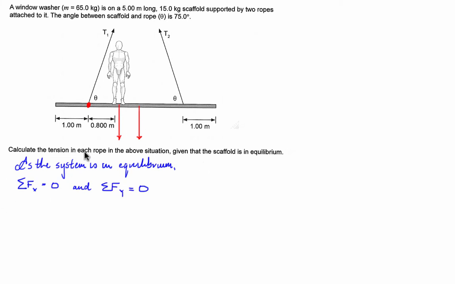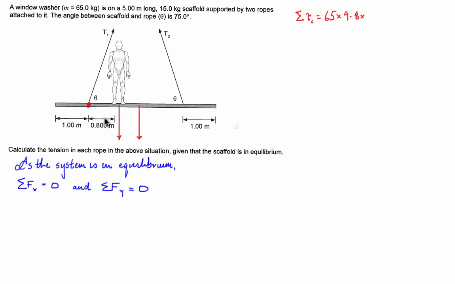So the sum of the torques clockwise is going to be equal to the mass of the window washer, 65, times 9.8, so that's the force, times the distance.